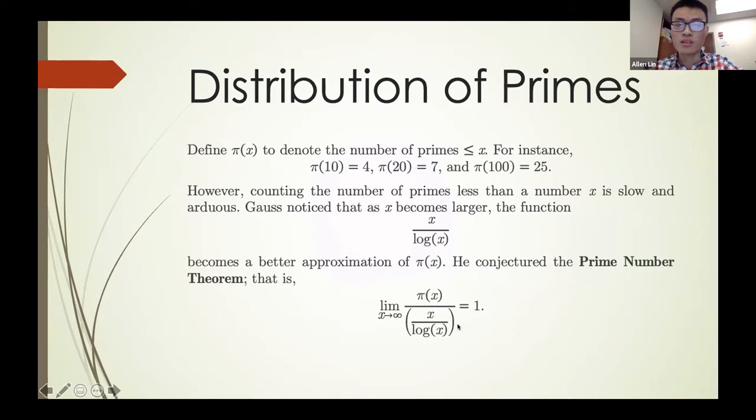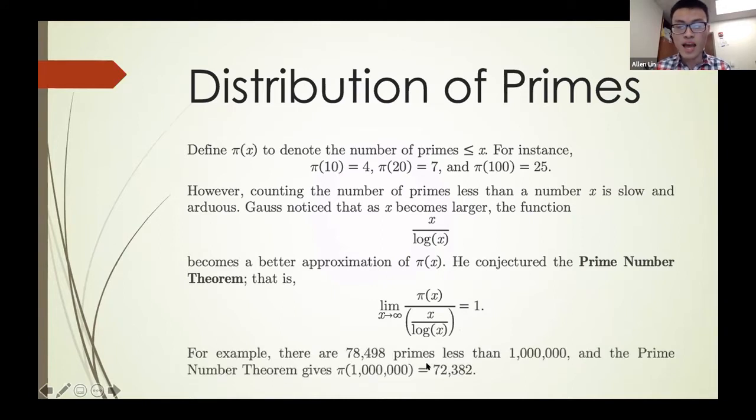Therefore, the limit as x approaches infinity of the quotient is equal to 1. So using this approximation, we see that the number of primes less than 1,000,000 is about 72,382, while in reality, there are 78,498 primes less than 1,000,000. And this estimate gets much better as x gets much bigger.